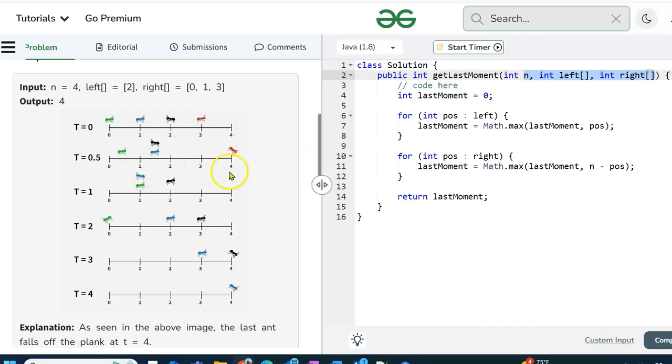So what happens at t equals 2 is we do have one ant at 0 moving to the left, an ant at 2 moving to the right, and an ant at 3 moving to the right. The fact that the ants meet and reverse is actually not relevant.